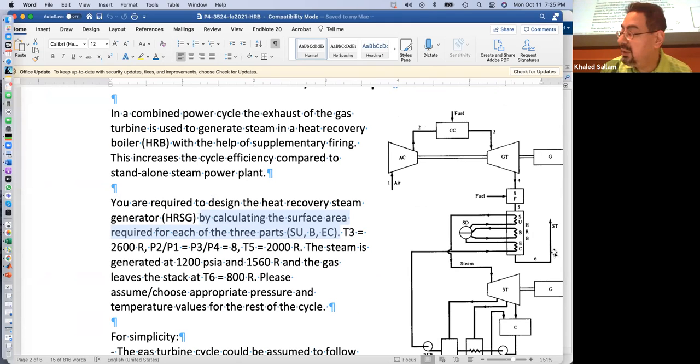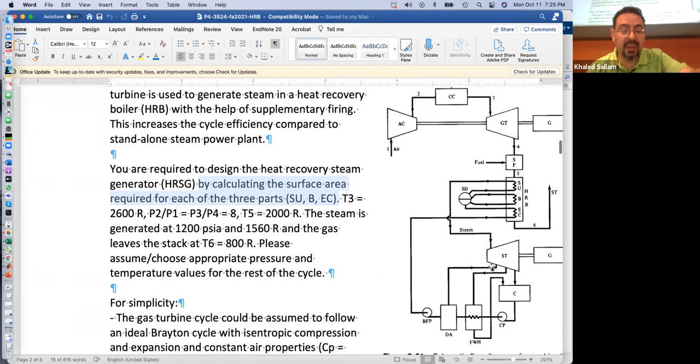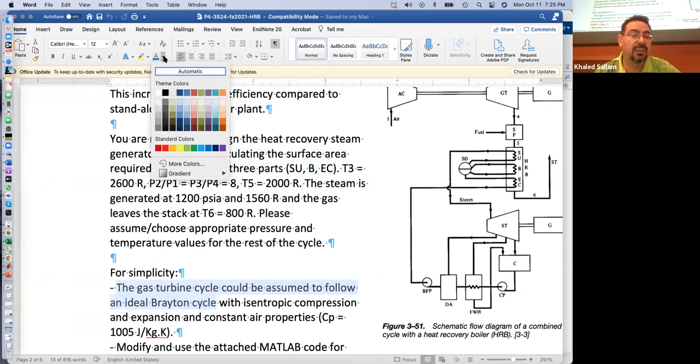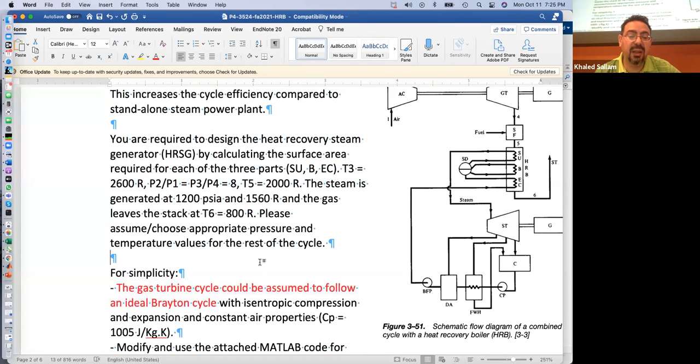So you need to know how to calculate a gas turbine. He said for this gas turbine, for simplicity, assume the gas turbine runs on an ideal Brayton cycle. Who had Brayton cycle in Thermo 1?